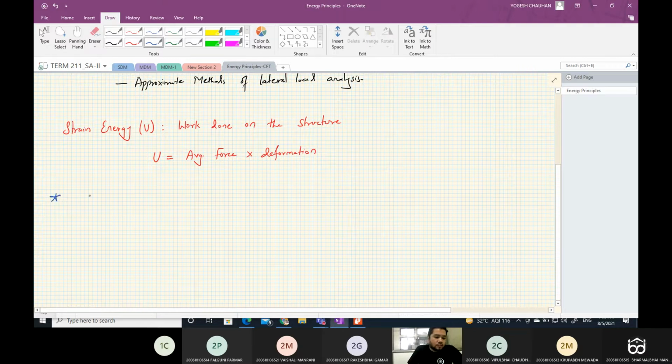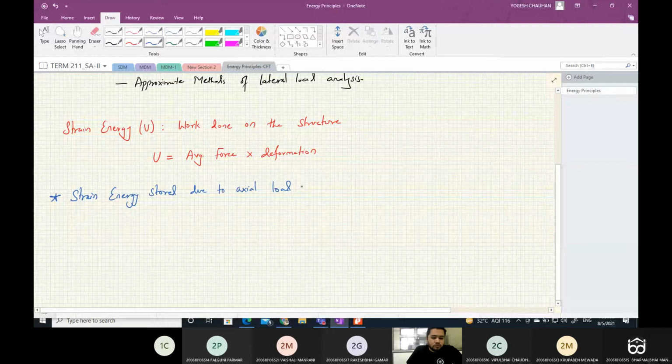Okay. So let us find the strain energy stored due to axial load. To understand this, consider a bar hung from the top. The cross section of the bar is uniform.